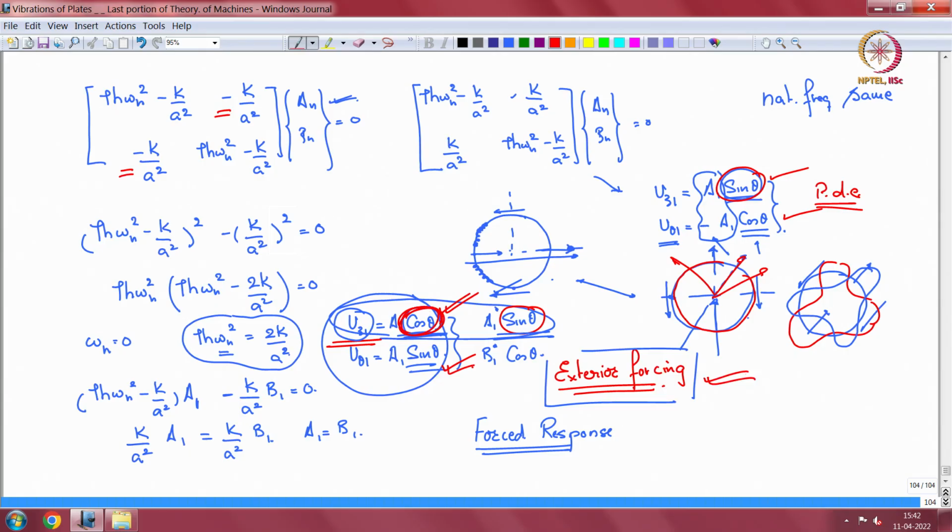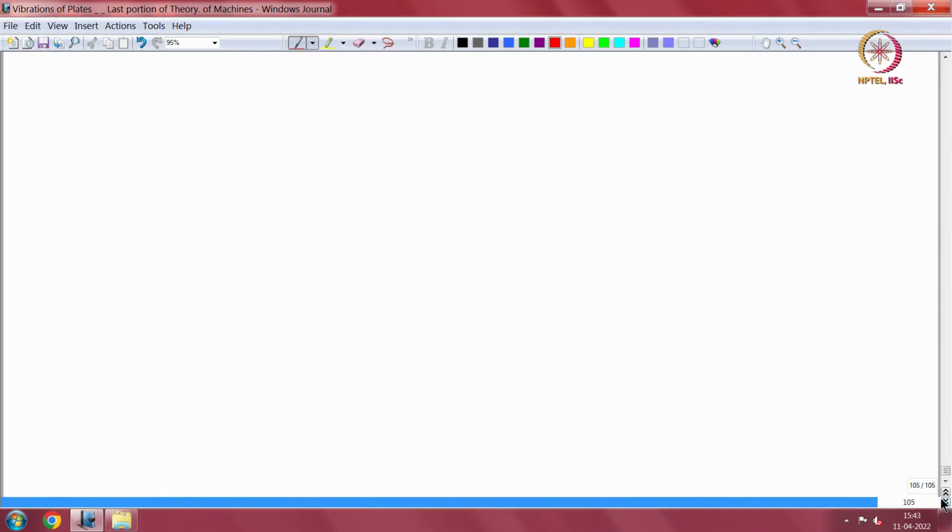Okay. So now let us look at the next system. The next system is a cylindrical shell.